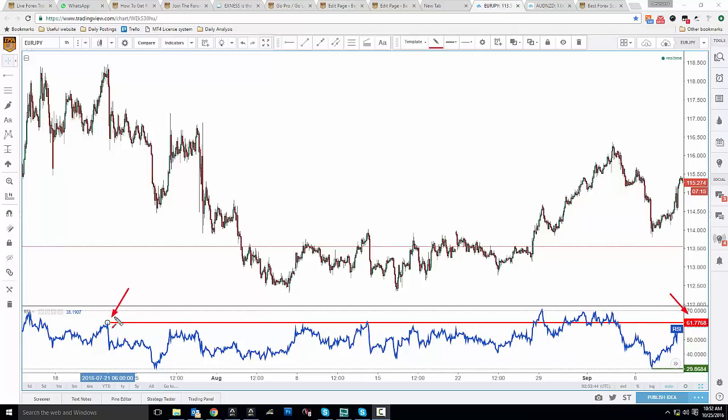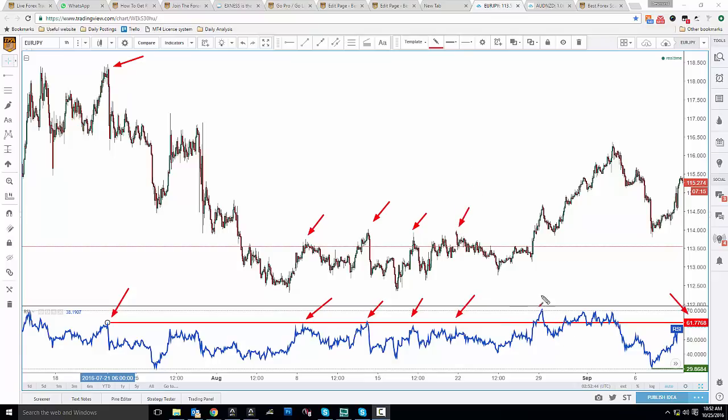Price reacted off it correspondingly over here, and when it touched this level again, there was another reaction, and again, another reaction. Every time, price clearly held below the 61% RSI.